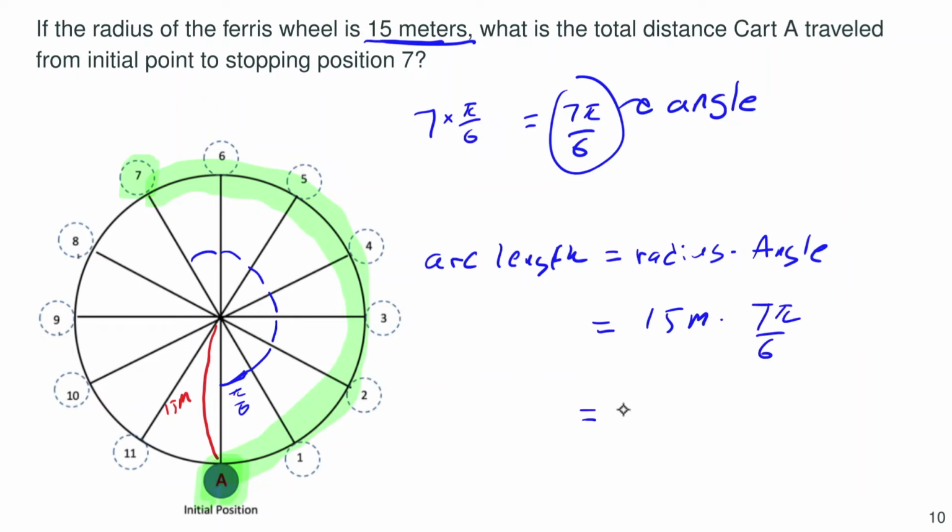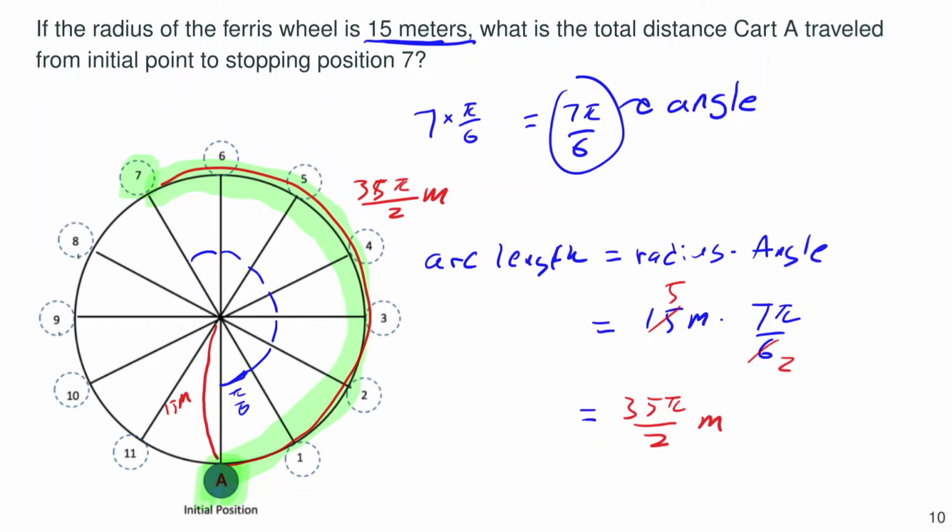Let's simplify this a little bit: 2 times 3, 5 times 3. So we have 35 pi over 2 meters. That means this arc length is 35 pi over 2 meters. And this is one of the benefits of using radian. It allows us to calculate the arc length directly.